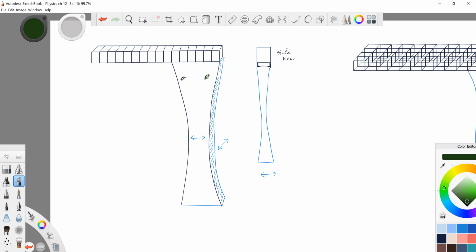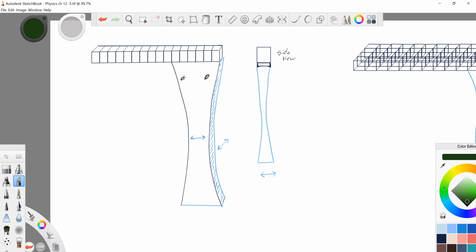So that would be a fixed elevational focus. So fixed in that dimension if it's a single row of elements.